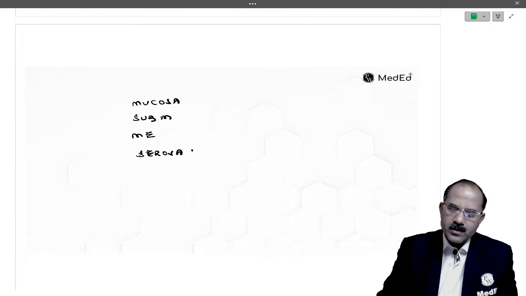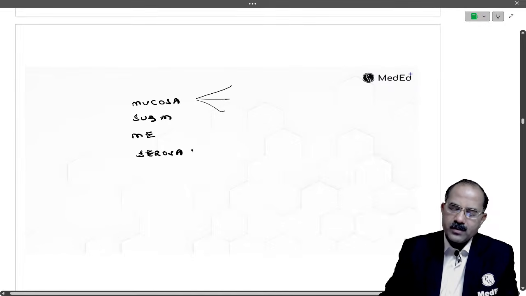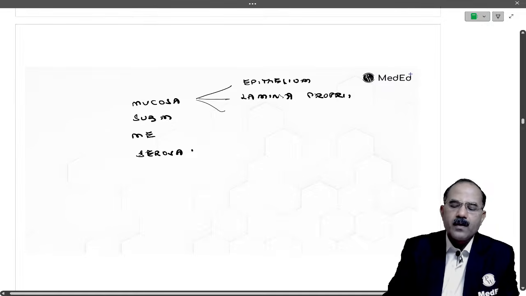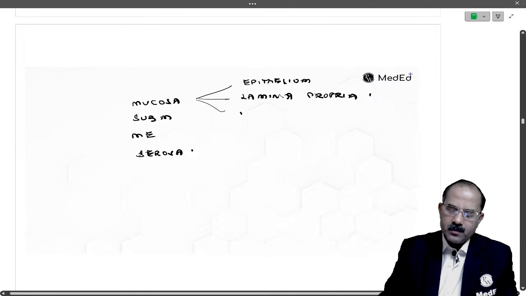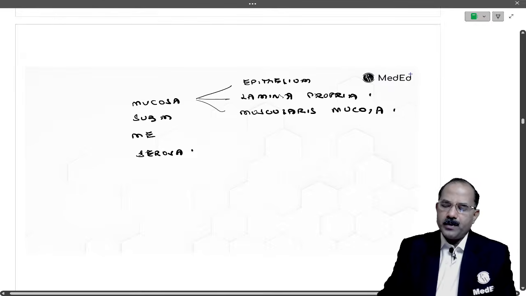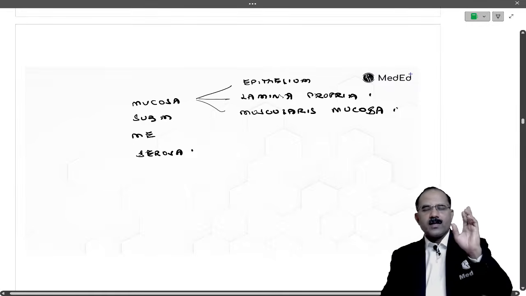Very good. So what are the parts of mucosa? Mucosa has epithelium, lamina propria, and what is the third one? Muscularis mucosa.